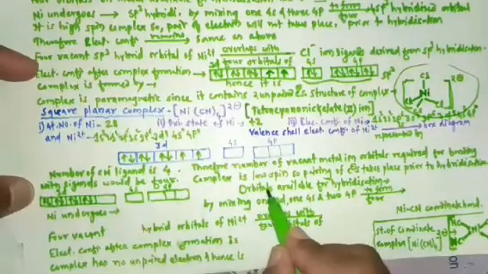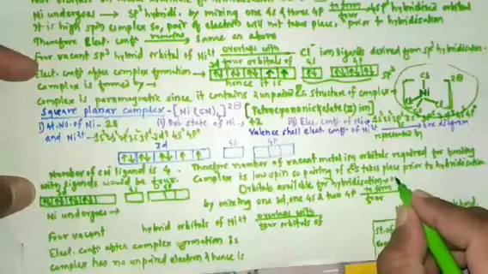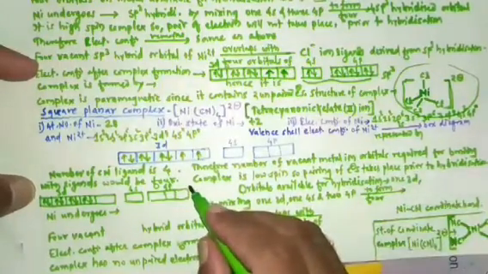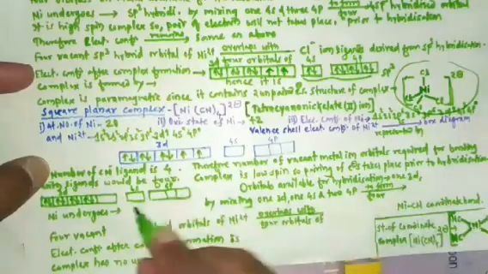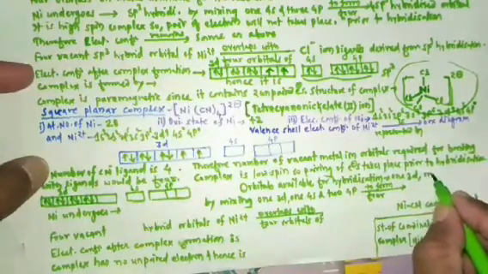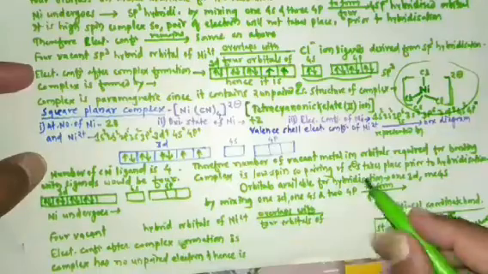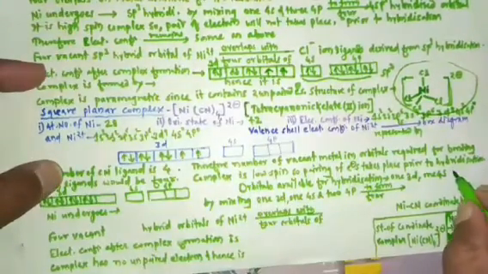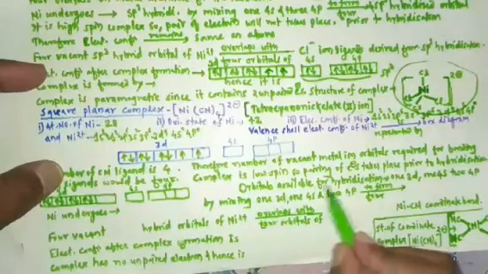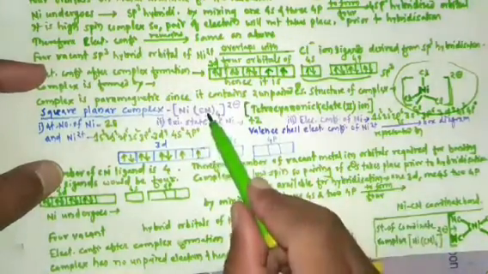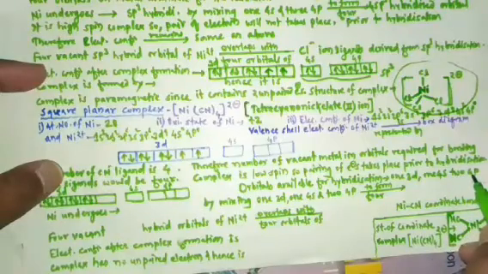Therefore the orbitals available for hybridization are one 3d, then one 4s and two 4p. The number of ligands is 4. Therefore one 3d, one 4s and two 4p orbitals are utilized.